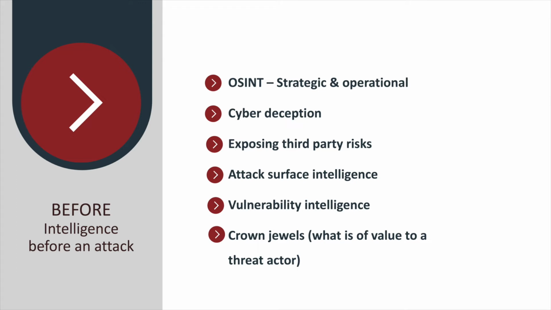I'd liken it to when I worked in protective security, so there's a common theme there. Before an attack, what you're really looking for is strategic level intelligence. So you're looking over the horizon at what's coming down the pipeline, what should we be planning for, whether that's related to a threat actor or vulnerabilities, and getting ahead of the curve, as we discussed before. I remember in protective security, working in the financial institutions, that we would see certain styles of attacks on ATMs, whether it was skimming devices or blowing ATMs up.